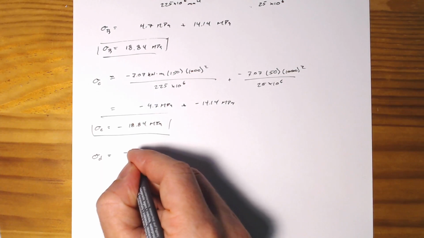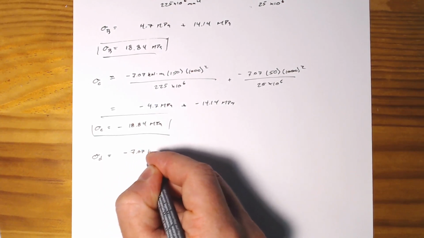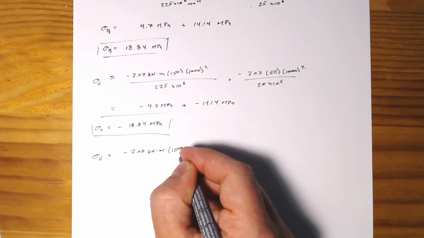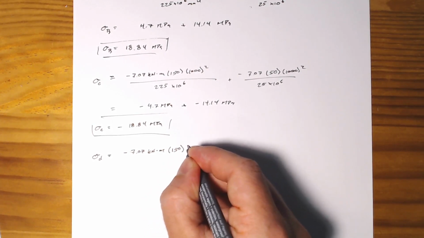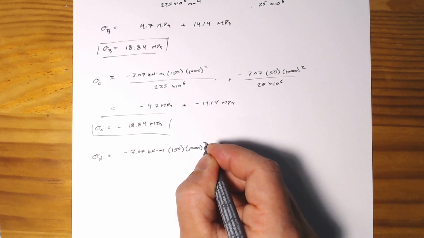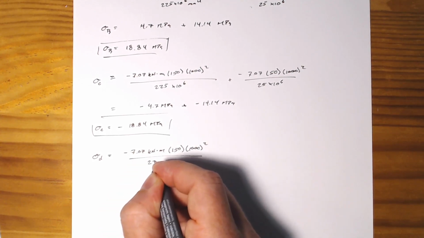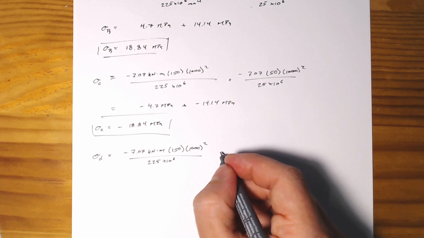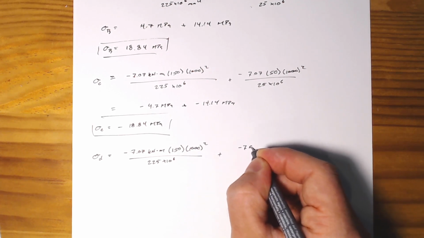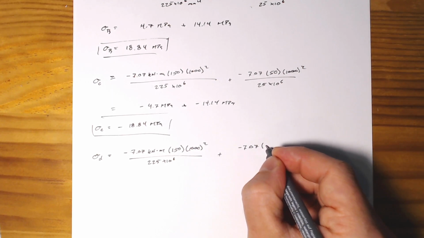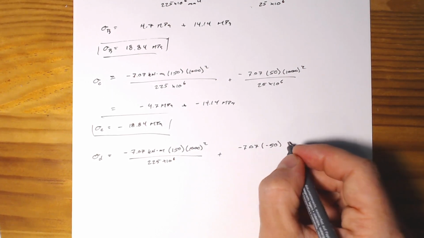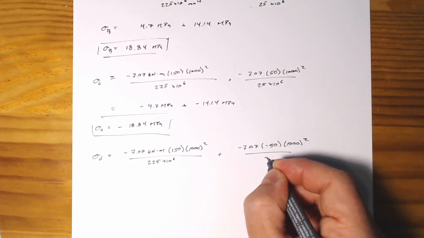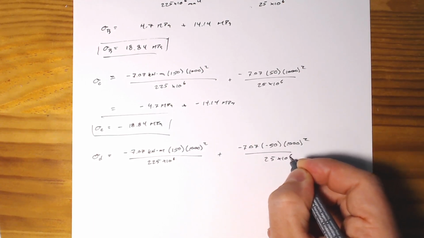So minus 7.07 kilonewton meters times 150 times 1,000 squared over 225 times 10 to the 6th, plus negative 7.07 times negative 50 times 1,000 squared over 25 times 10 to the 6th.